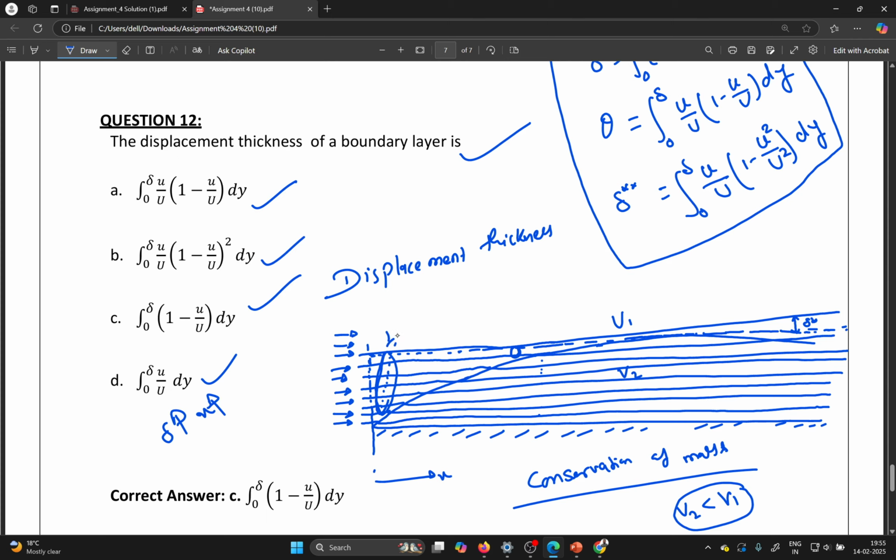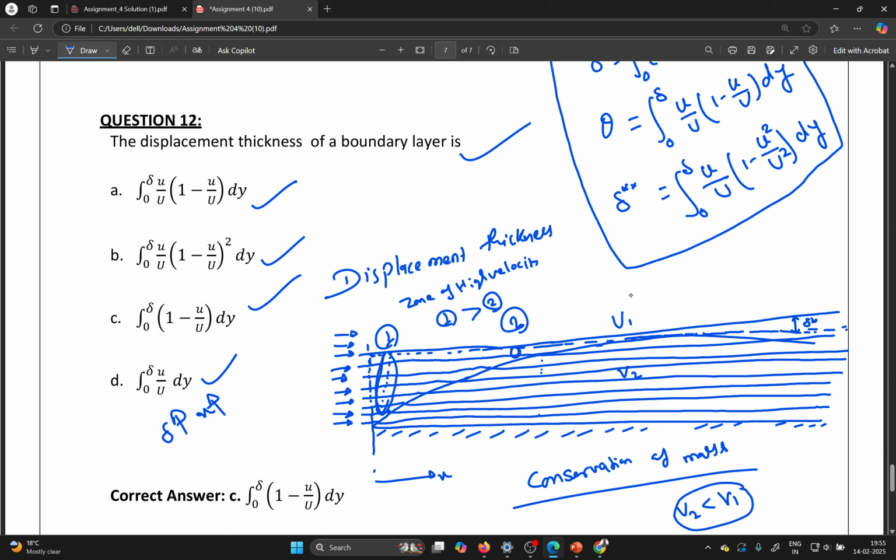If I name the locations 1 and 2, the zone of high velocity in 1 is more compared to 2.